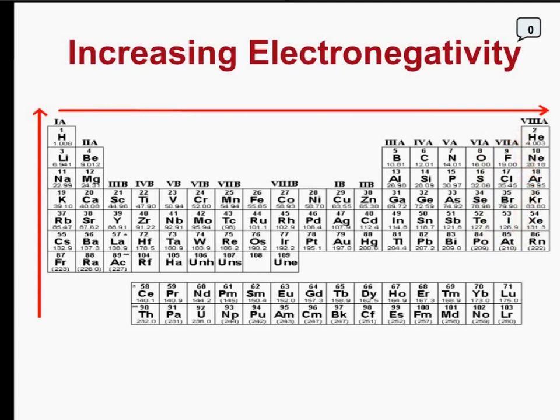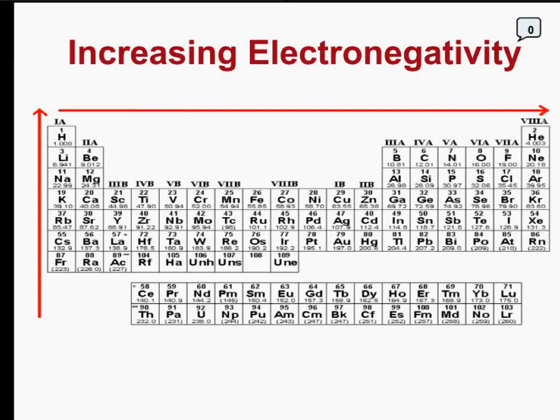Now, I should modify this arrow a little bit. What I really should do is remove a portion of it. The reason is, see this little part right here? These are the noble gases. They have 8 valence electrons. So, are they looking to attract electrons? No, they've already got 8.